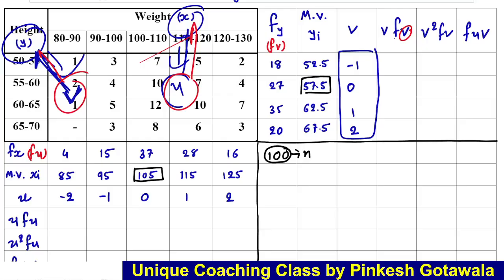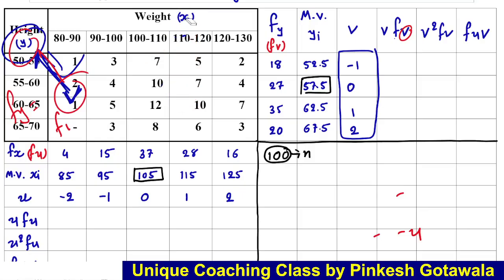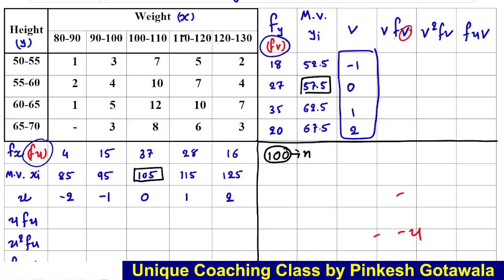So indirectly the frequency of y becomes the frequency of v, and the frequency of x becomes the frequency of u. So these are our u and v, indirectly fu and fv. Remember, this is our fv and this is fu. So now you can easily prepare this column.